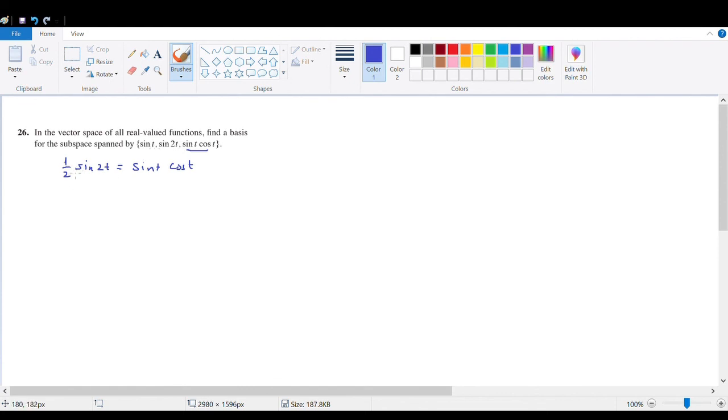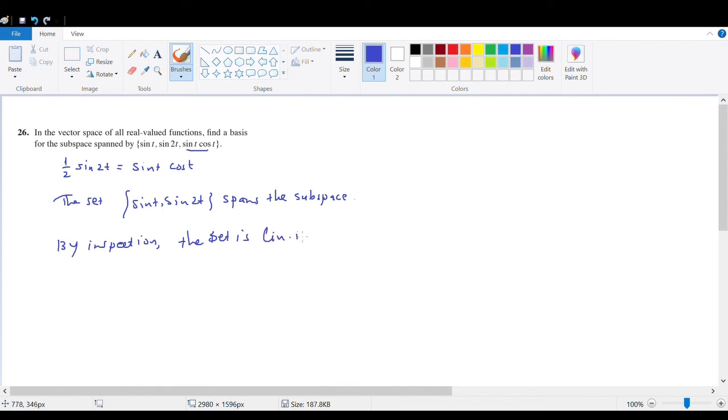So from here, the set sin t, sin 2t spans the subspace. By inspection, the set is linearly independent.